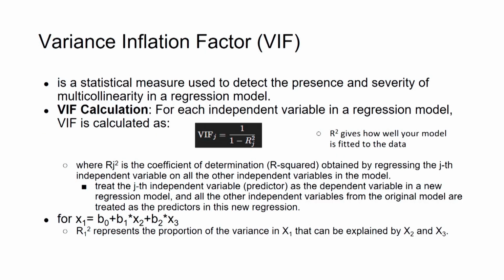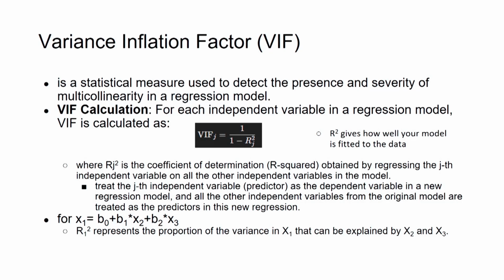Let us see what VIF is and how we will calculate it, and then based on the value of VIF we will decide whether high collinearity is there or not. VIF is a statistical measure used to detect the presence and severity of multicollinearity in a regression model.